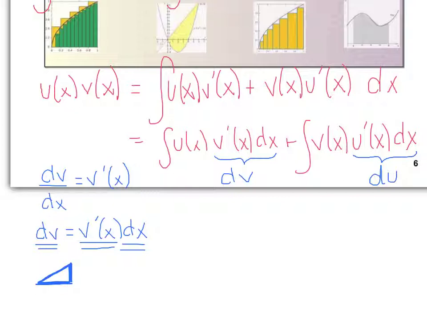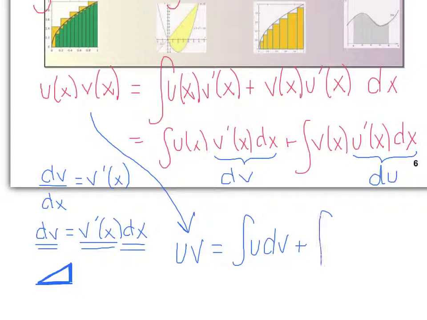So a shorthand notation for this, rather than putting all these x's in kind of cluttered notation, would be to say, if we bring this down here, uv equals the integral of u dv plus the integral of v du.